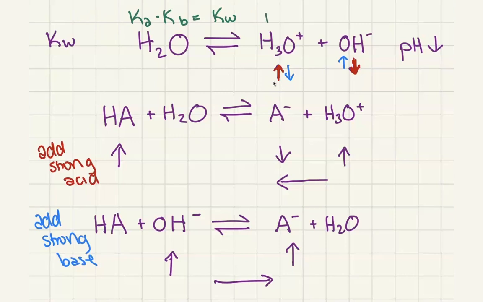We can also take the P versions of these and say pKa plus pKb equals pKw, which is equal to 14. This way, we can find the pKb if we know the pKa, and vice versa. Those all have to sum up to 14.